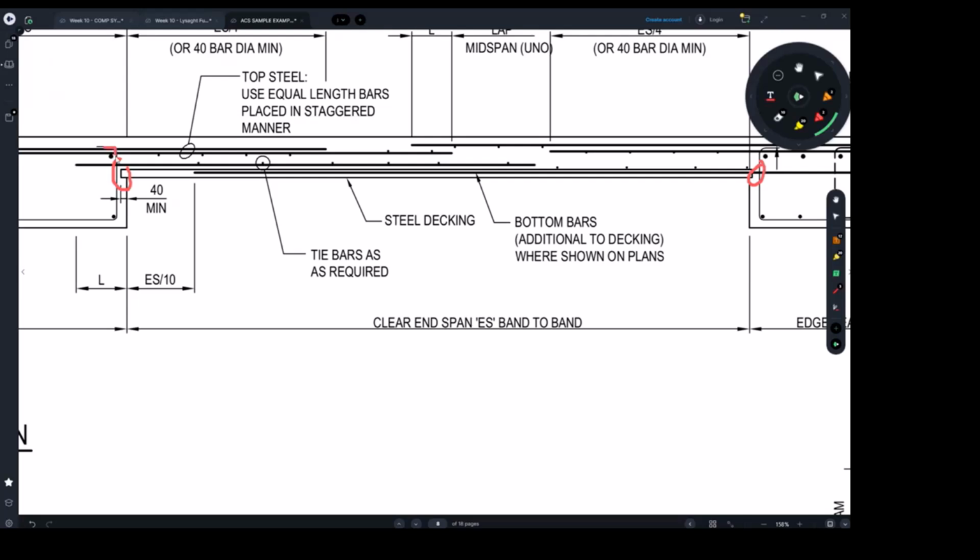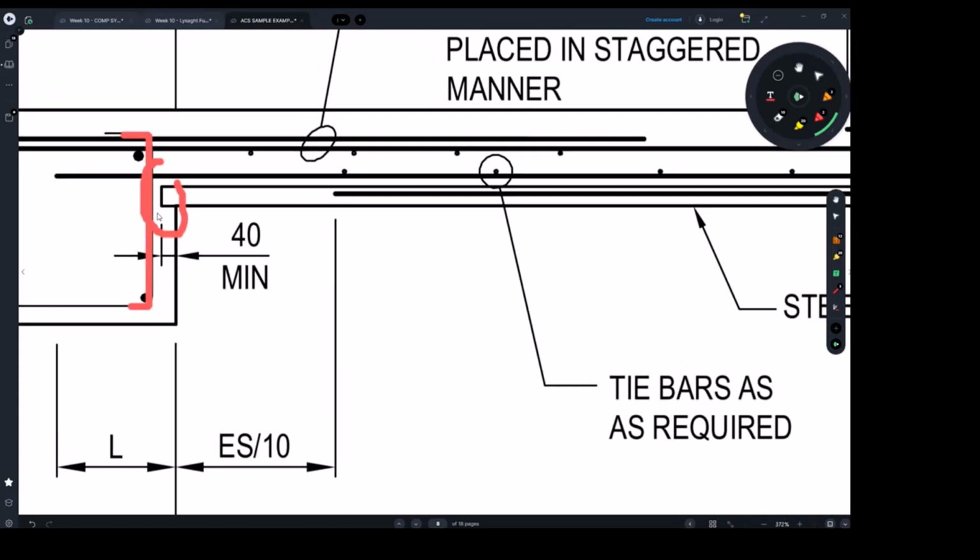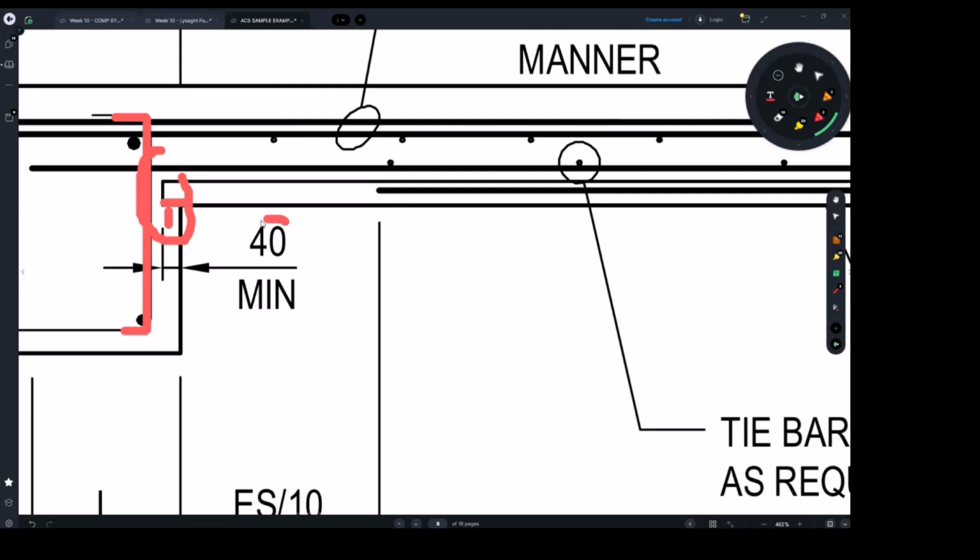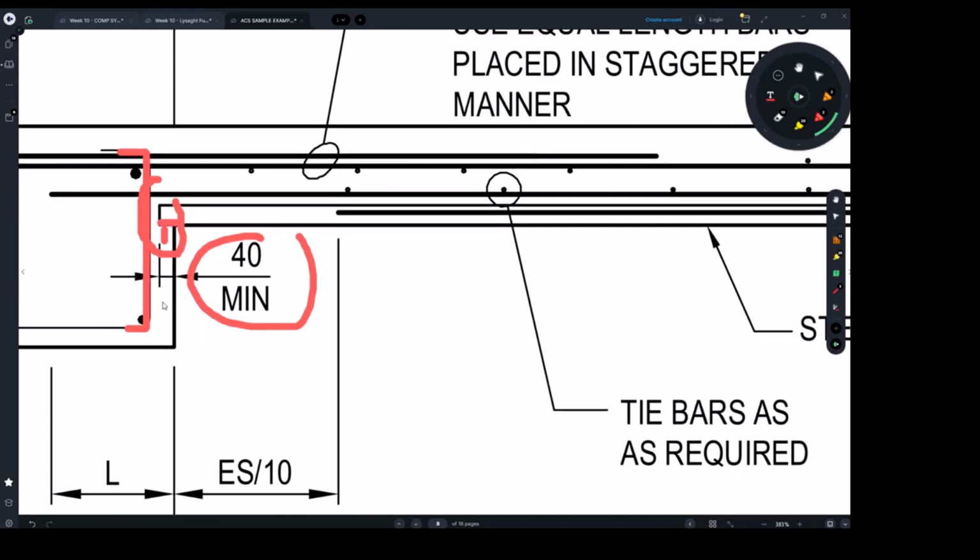We're going to have ligatures here, unlike a steel beam. This was acceptable because the friction coefficient between the bonding and the concrete is higher than the friction coefficient between steel and steel. You can imagine if you put steel on steel, it's going to be more slippery than steel on concrete. So it is accepted to have only 40 millimeter bearing for bonding on top of a concrete band beam.